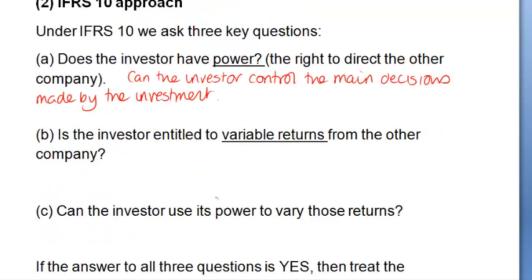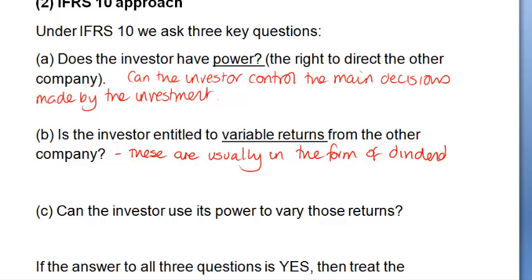Now, secondly, is the investor entitled to variable returns from the other company? These are usually in the form of dividends. But they could reclassify the dividends as interest, and we could reclassify it as some form of share buyback or repayment of some facility.